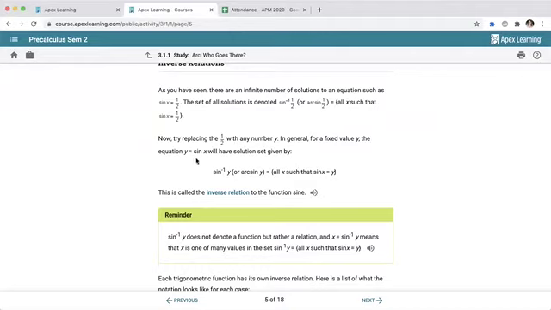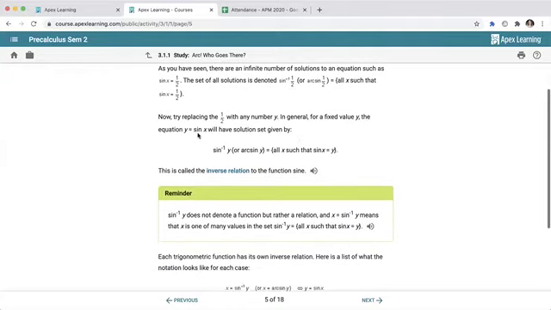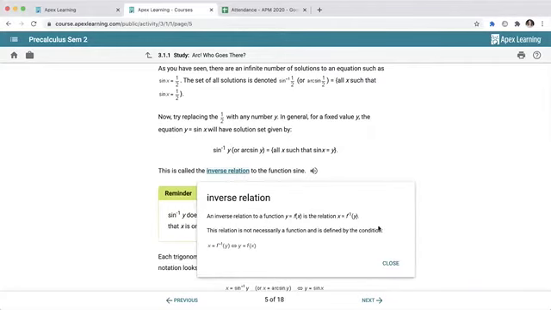If we have y equals sine of x, or sine of x equals y, in order to find a solution set for it, we write sine to the -1, or arc sine, of y equals all of the possible values of x. This notation is called our inverse relation, or our inverse function.